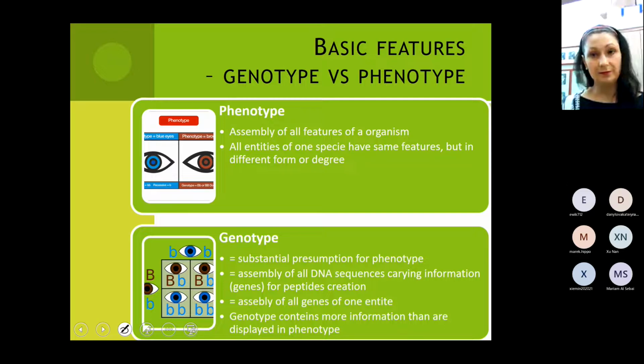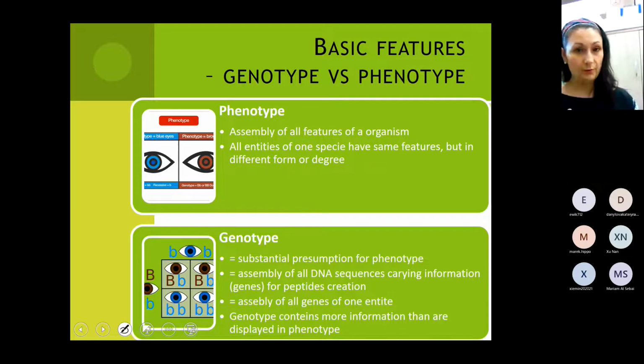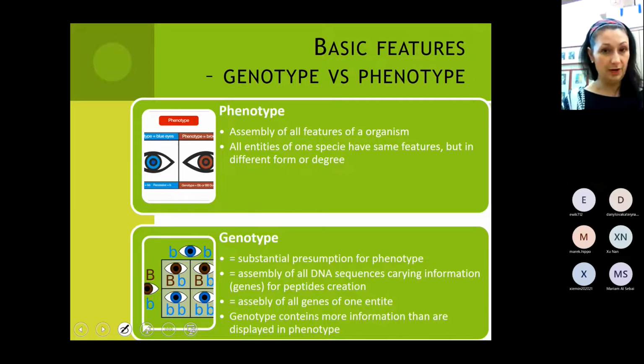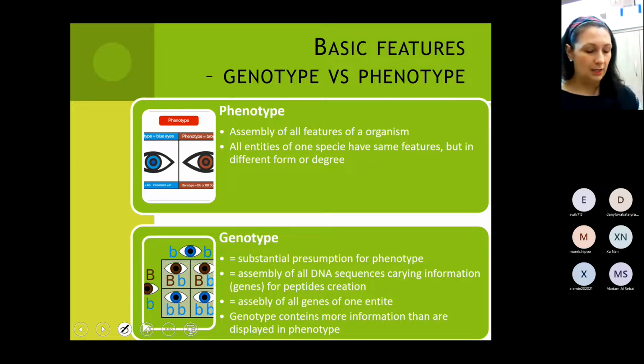However, phenotype is the result of the expression of our genotype, of the transcription, and also the effect of our environment. So it's something which was created based on the transcription and also on environment, culture, lifestyle, and so on.